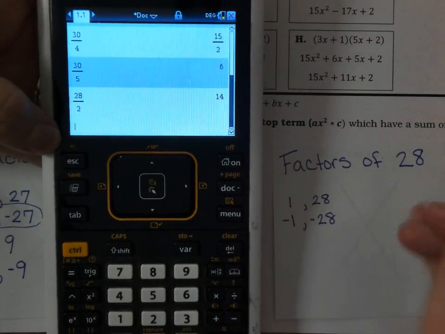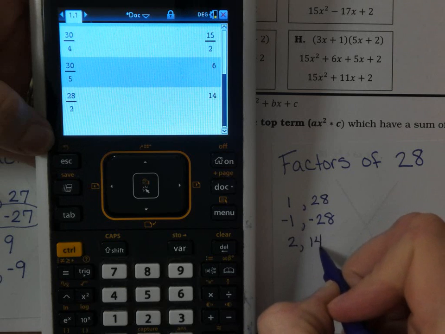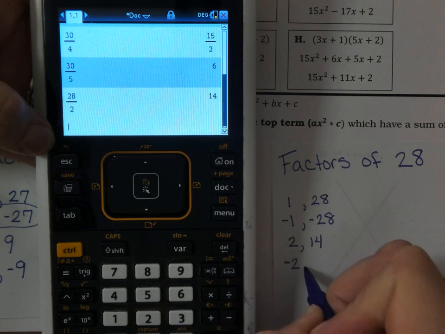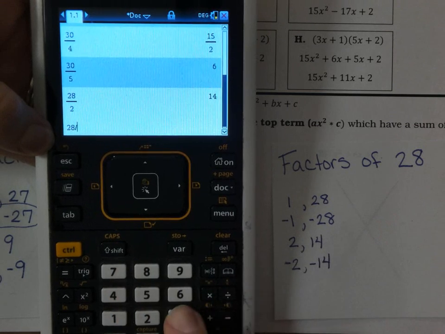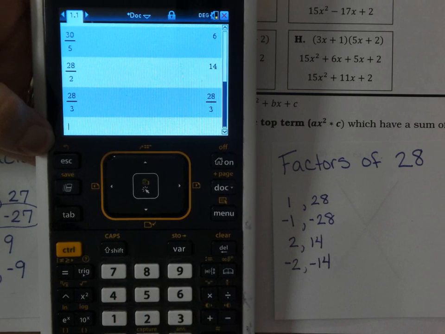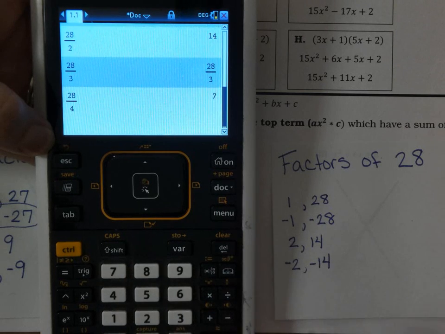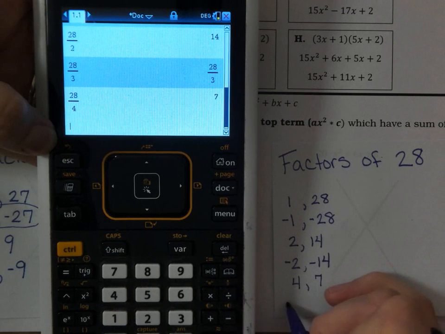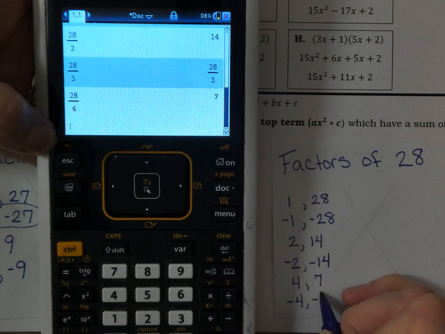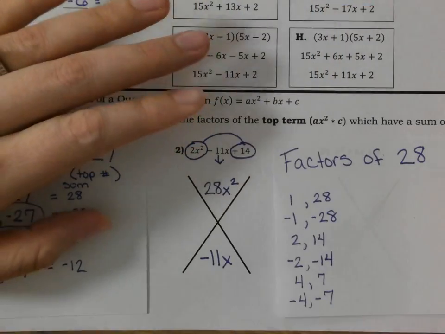So my next factor is 2 and 14, or -2 and -14. 28 divided by 3 gives me a fraction, so that doesn't work. 28 divided by 4 gives me 7. So 4 and 7, -4 and -7. And that's actually all of the factors for 28.